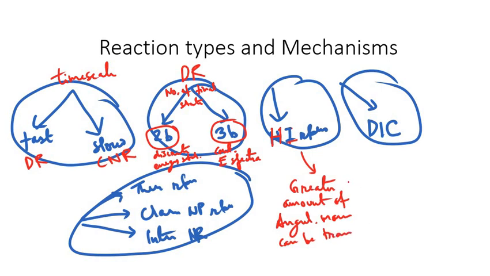This is because the angular momentum is proportional to the reduced mass of the two nuclei. Remember, L is equal to mu V r. So this is the scenario.